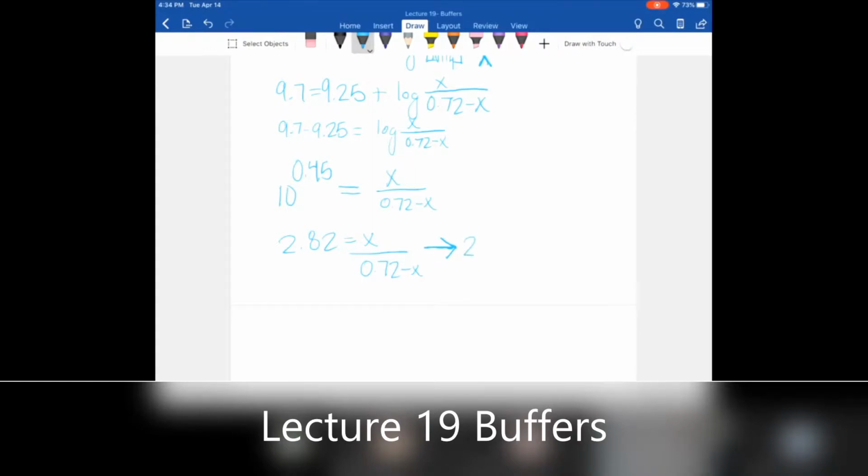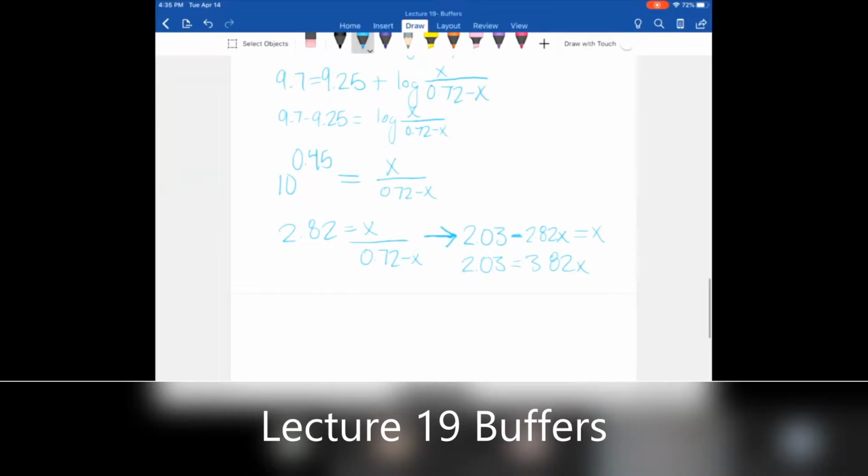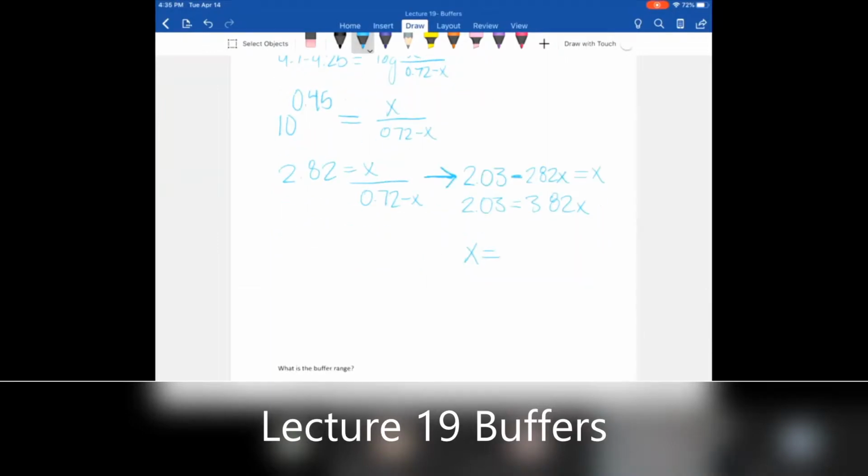So you're going to have 2.03 minus 2.82 x equals x. And then it's going to end up being 2.03 equals 3.82 x, and x is going to equal 0.53 moles.